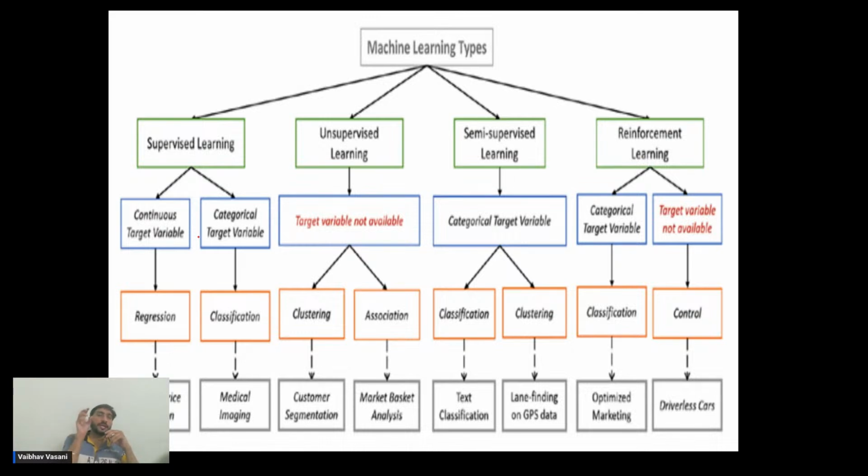So I am telling what I want, and the labels are given in the image. For each image a label is provided: it's a dog image, it's a cat image, this is not a dog image, this is a rat image for multiple classes. These target values are provided, that's why we call it supervised learning.